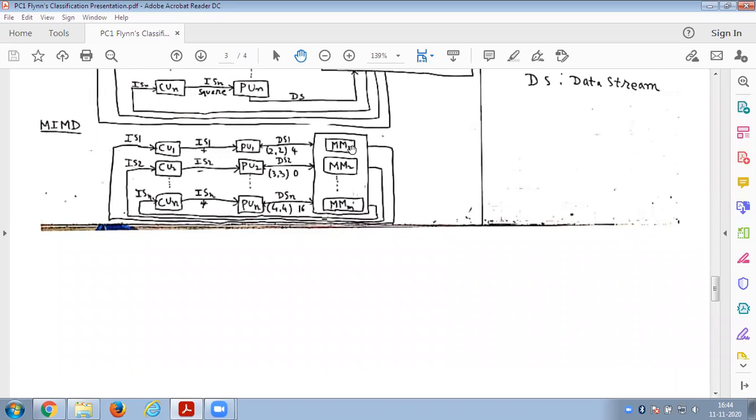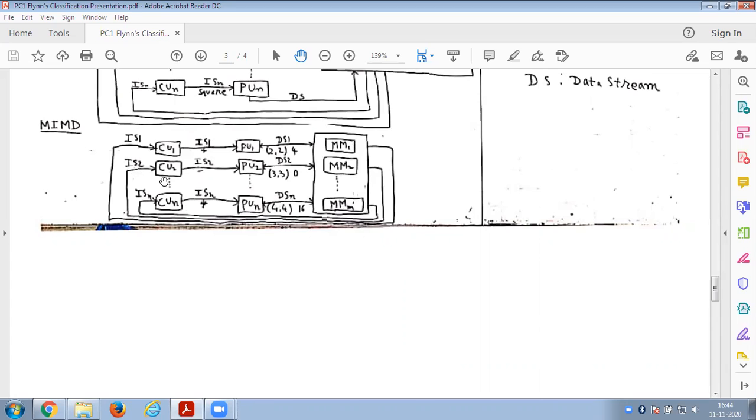So as I told earlier, multiple instruction stream, multiple data stream. There are various instructions over various data. There are various control units, various processing units. This is shared memory module, which is divided into memory modules 1, 2, etc. Control unit 1 is taking the instruction from memory, and it is IS1 which is coming into control unit 1.